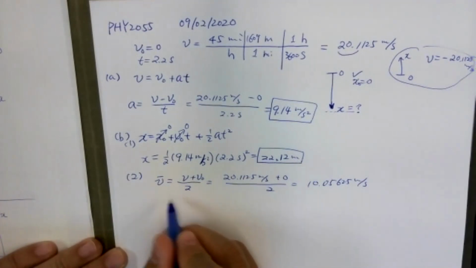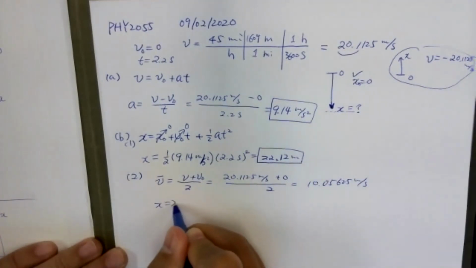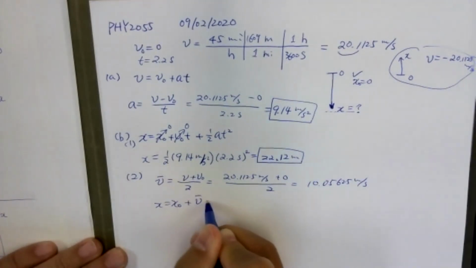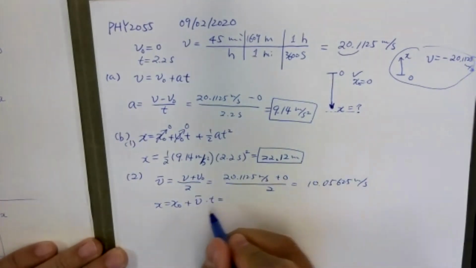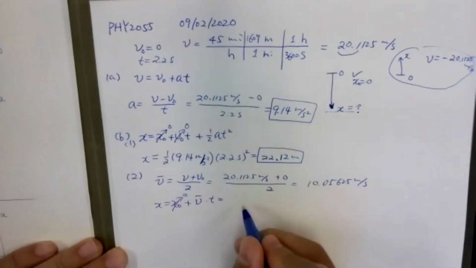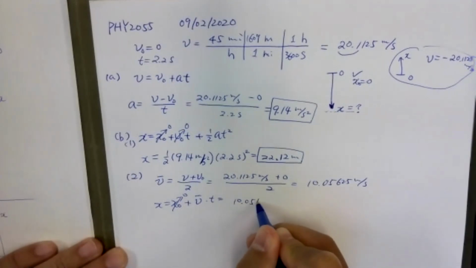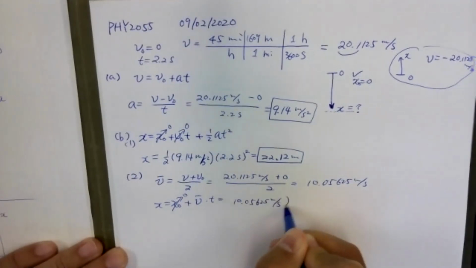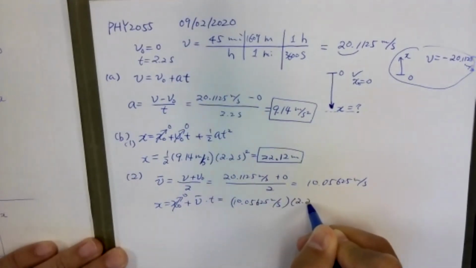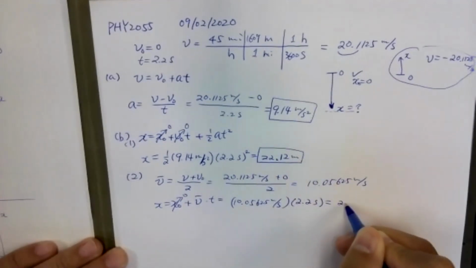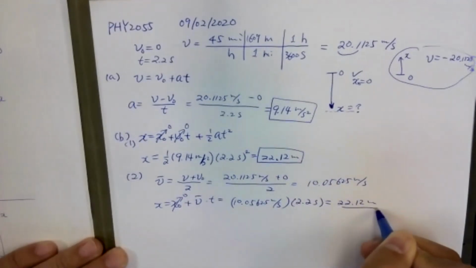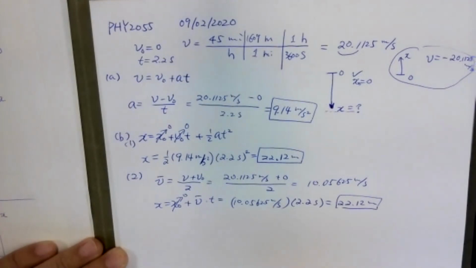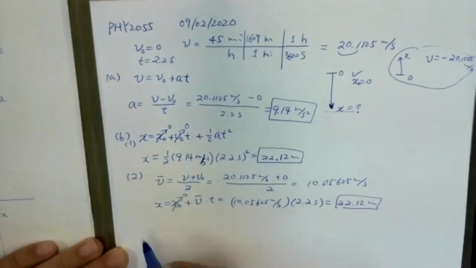Then you're going to use this in the first equation, x equals x naught plus v average times t. So then x naught is 0, so it'll be just the average velocity times 2.2 seconds, which should also give you this number, okay? 22.12, okay? So some of you guys might use this method, okay?